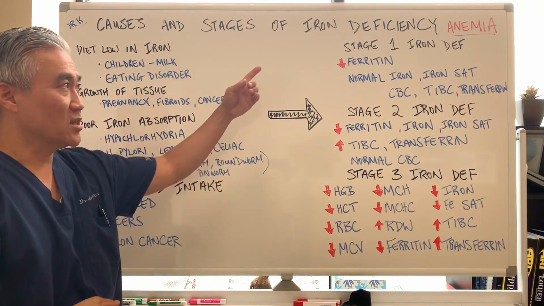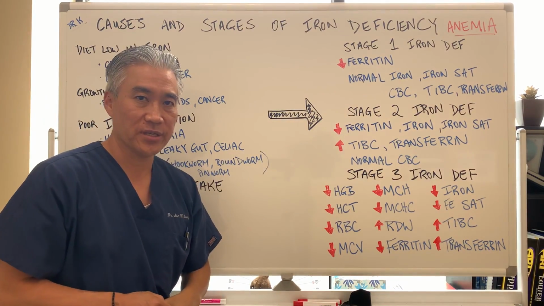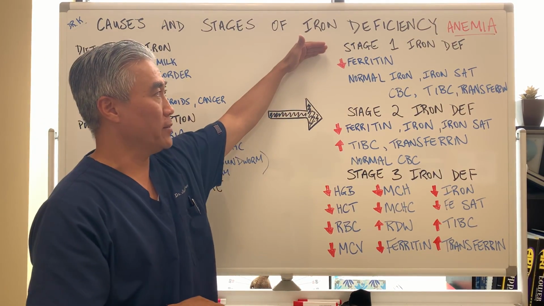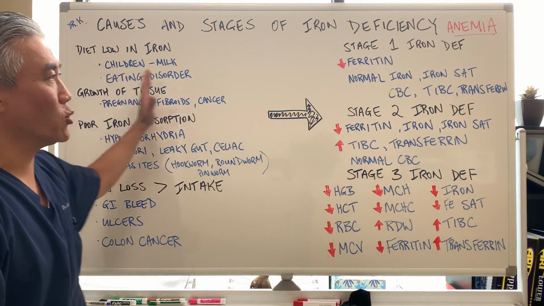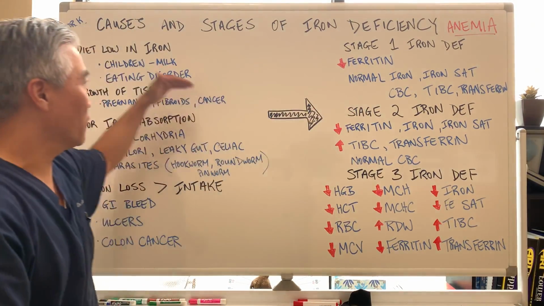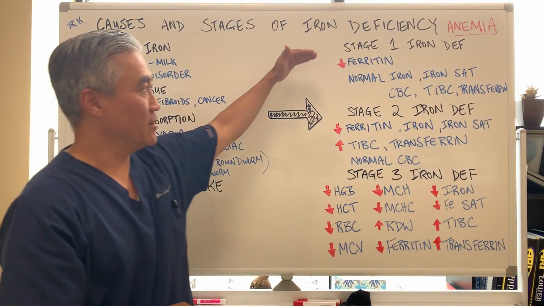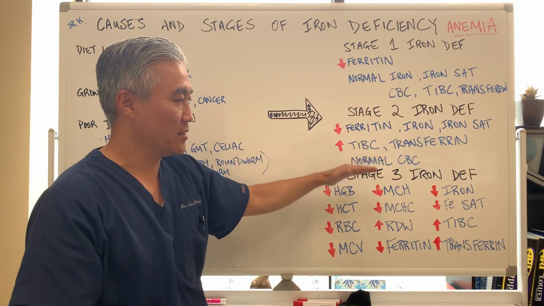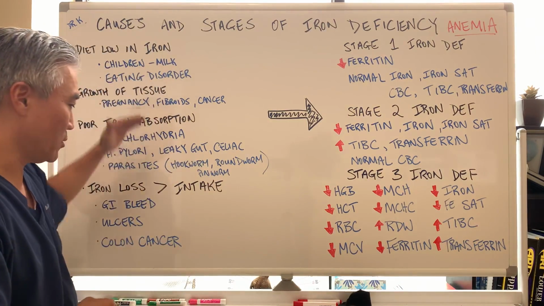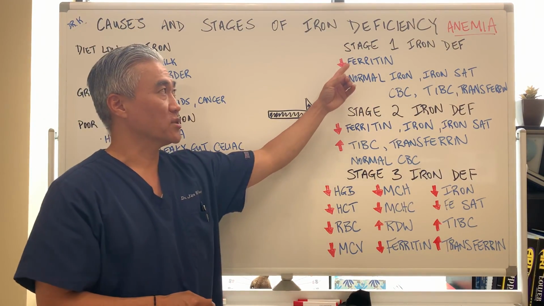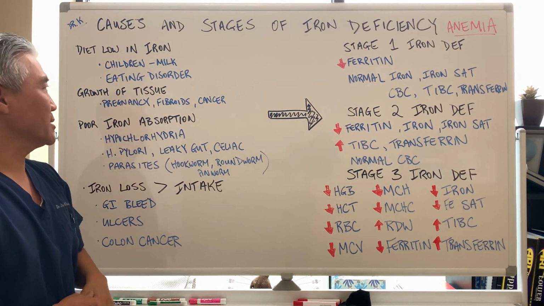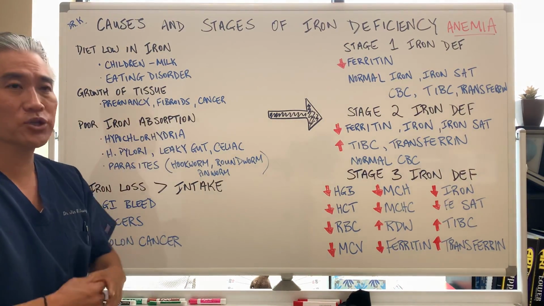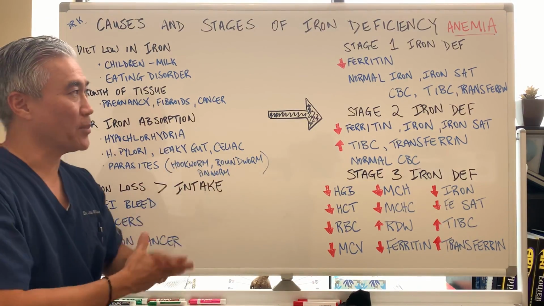So when we look at the different stages of iron deficiency, we look at stage 1. If we look at the different causes, this kind of correlates with the severity. So from here down, we'll create these types of deficiencies, and it will get worse as we get down into this chart. So stage 1 could be just low iron intake or growth or tissue issues where they're sucking up iron, right?